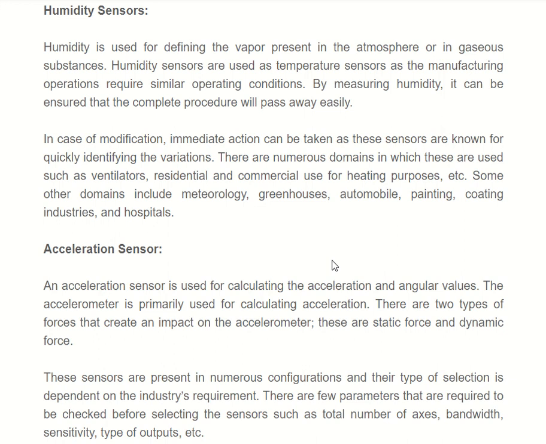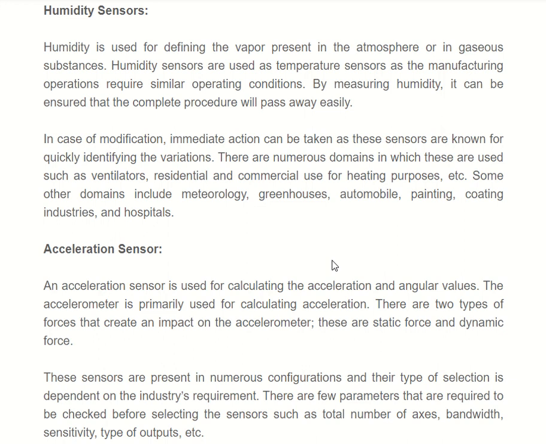And there are so many other domains in which these are used, like ventilation, residential, commercial use of heating purposes, etc. And other domains include greenhouse, meteorology, automobile, painting, coating industries, hospitals. So there are so many sectors in which humidity sensor is used as well.